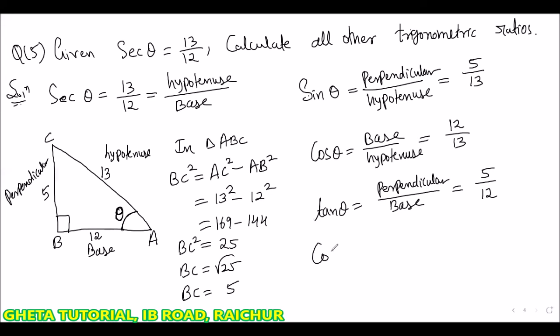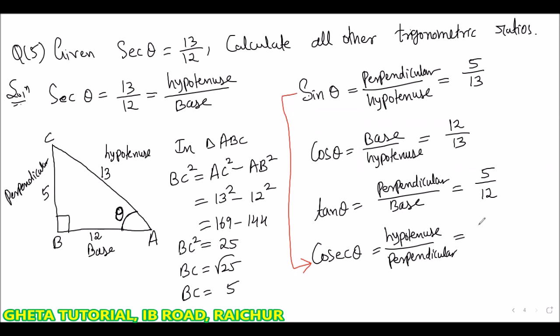Similarly, cosec theta. If you want to find cosec theta, you know it is the reciprocal of sin theta. Reciprocal of sin theta means hypotenuse by perpendicular, nothing but 13 by 5.